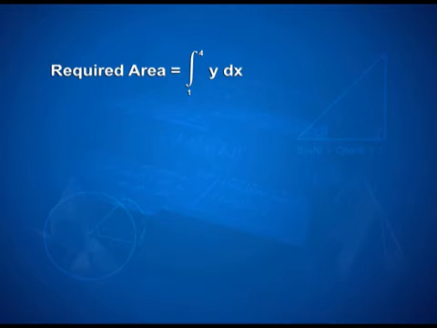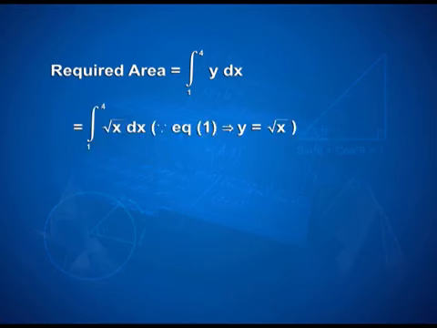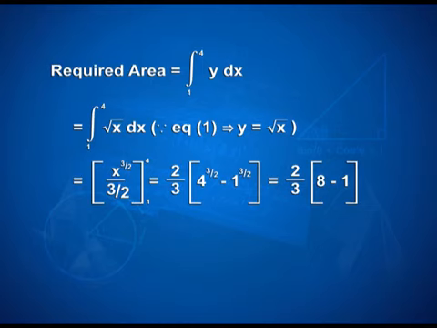Therefore, required area is equal to integral 1 to 4 y dx, that is equal to integral 1 to 4 square root of x dx, since equation 1 gives us y is equal to square root of x, that is equal to x to the power 3 upon 2 upon 3 upon 2 with limits 1 and 4.